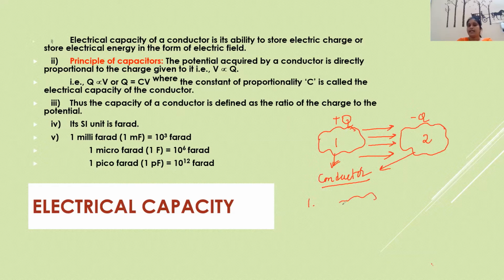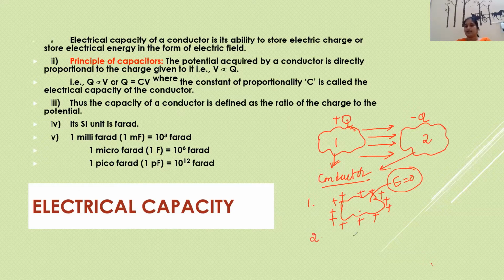Whenever I take a hollow conductor, the charge always resides only on the outer surface of the body. Inside the cavity, the electric field is taken as zero, because charge resides only on the outer surface of a body, as mass is present only at the surface.